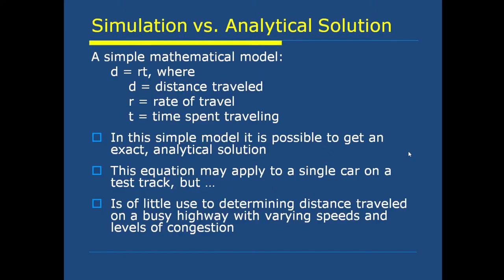This equation may apply to a single car on a test track, but it is little used for determining distance traveled on a busy highway with varying speeds and levels of congestion.